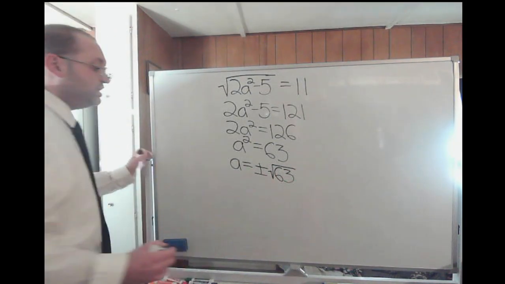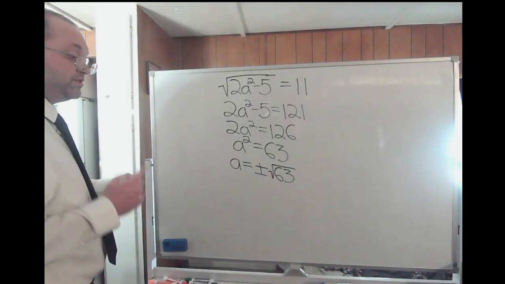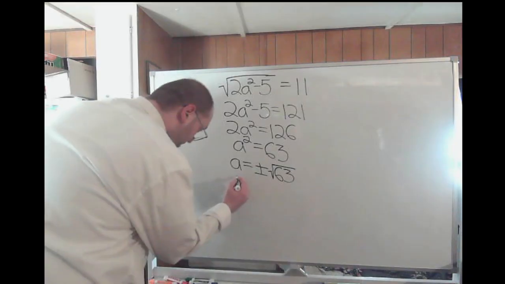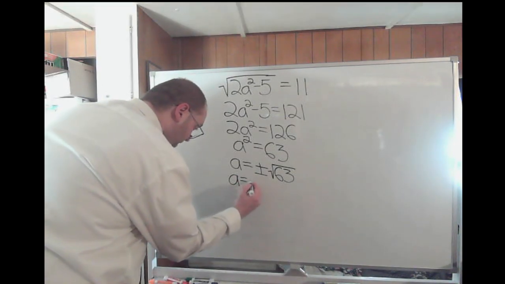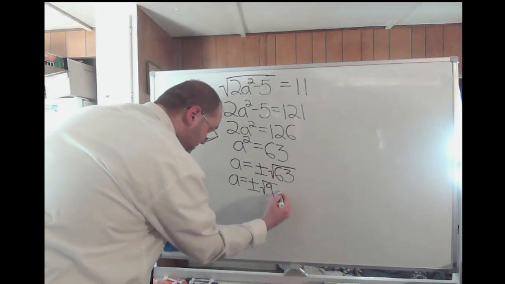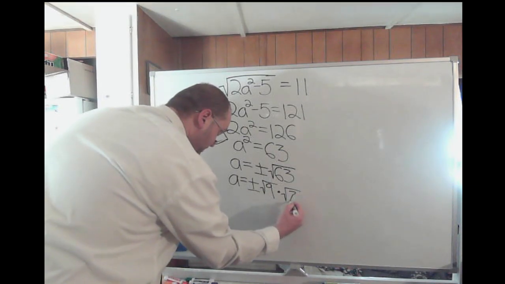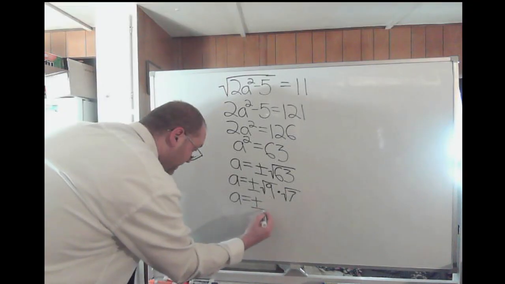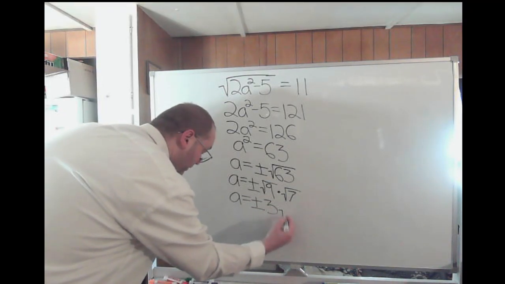So a equals plus or minus the square root of 63, which can reduce further. A equals plus or minus the square root of 9 times the square root of 7, which means that a is equal to plus or minus 3 times the square root of 7.